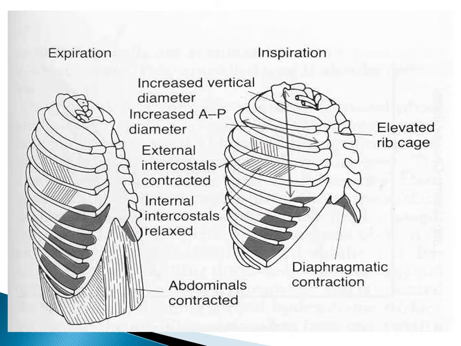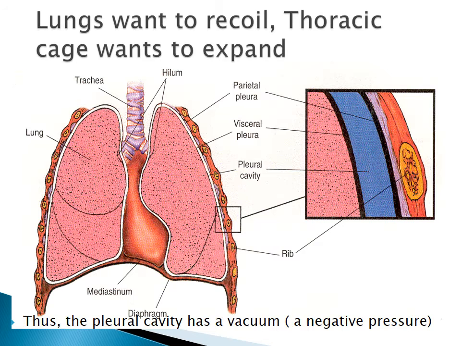All right, this kind of gives you an idea on this pump handle effect. This is expiration, kind of a relaxed position. Inspiration, thoracic cage moves up, and you get that big opening into your thoracic cage. Your diaphragm contracts, and you've got this negative pressure, and you're filling up with volume. All right, so the lungs want to recoil, the thoracic cage wants to expand.